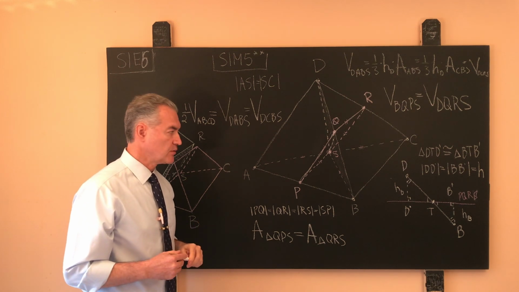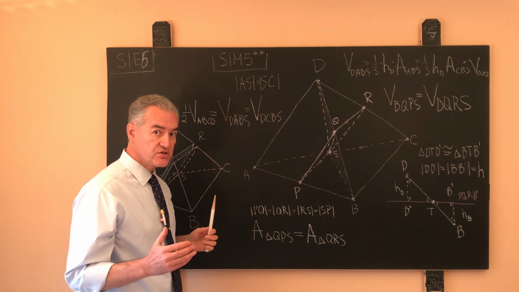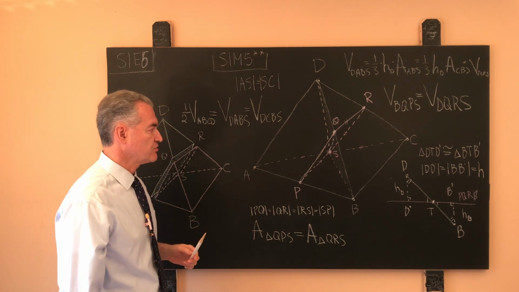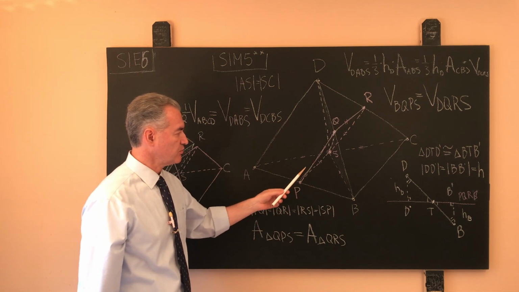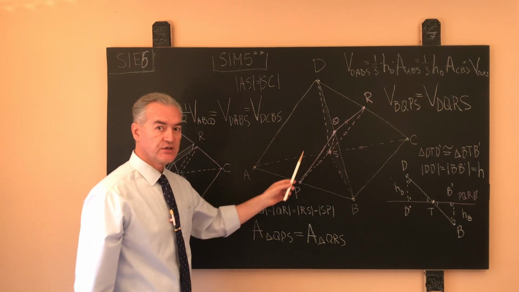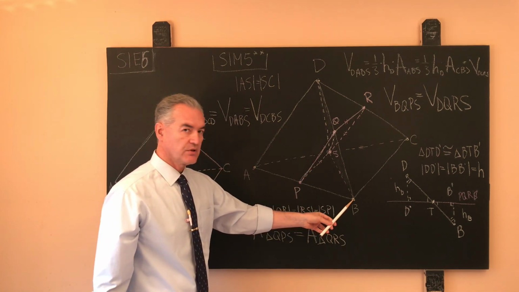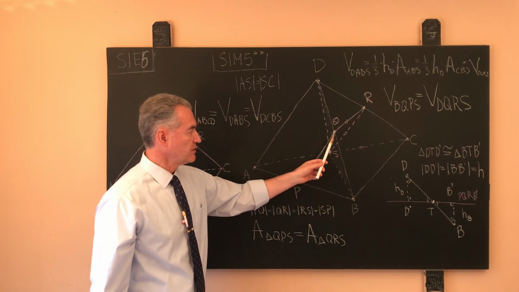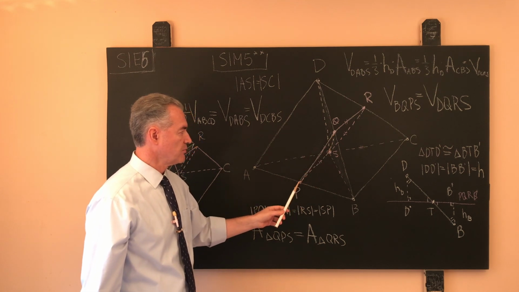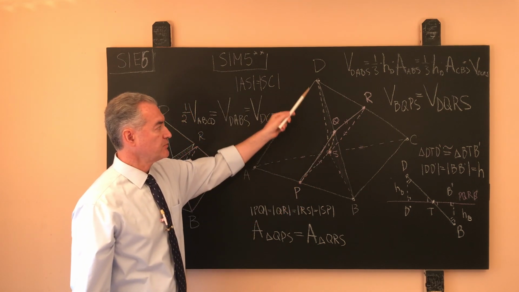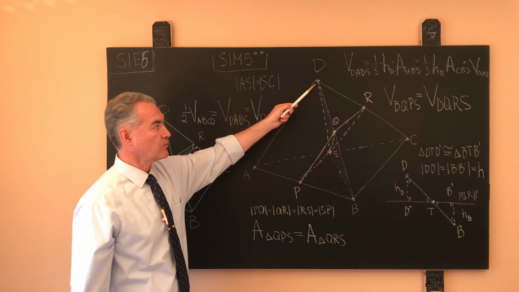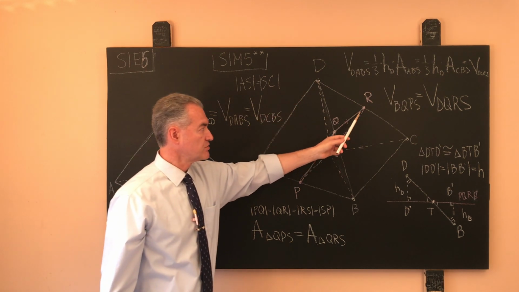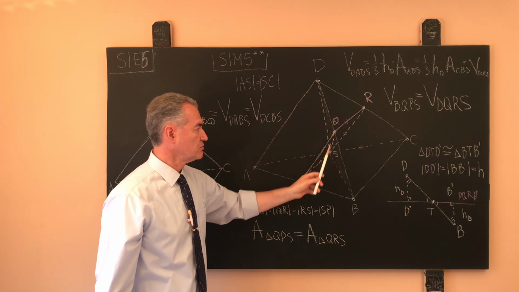To that end, we observe that it is advantageous to treat these two smaller tetrahedrons in such a way that, for example, for the lower tetrahedron, the vertex B will be the logical top, and its logical base will be the triangle QSP. And for the top tetrahedron, its logical top will be the vertex D, and its logical base will be the triangle R, Q, and S.